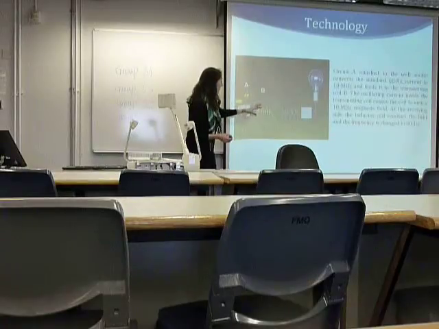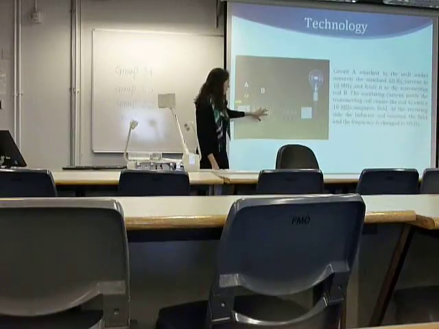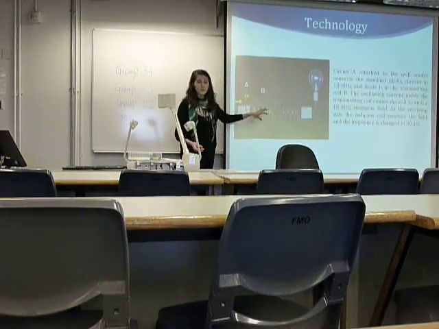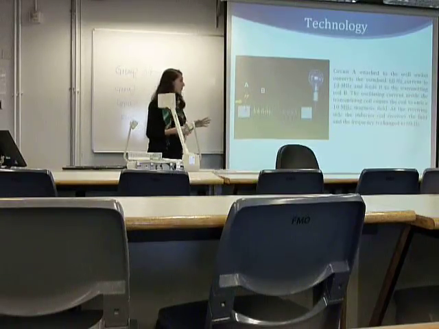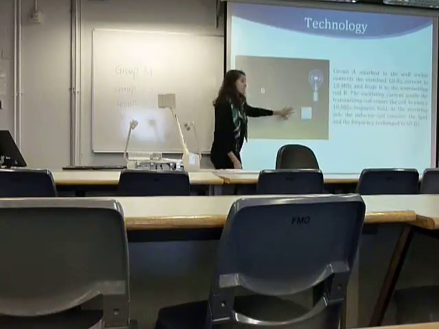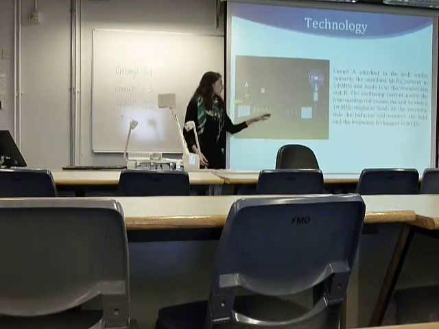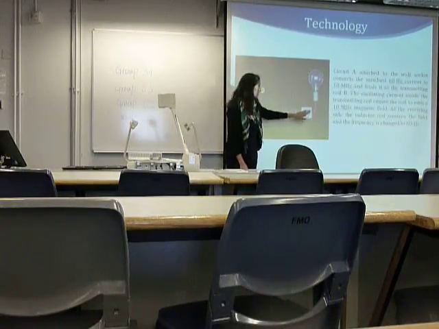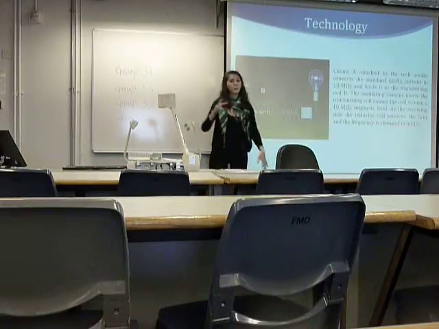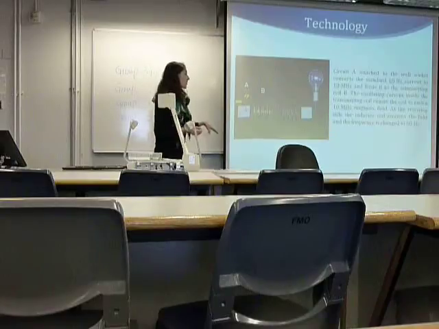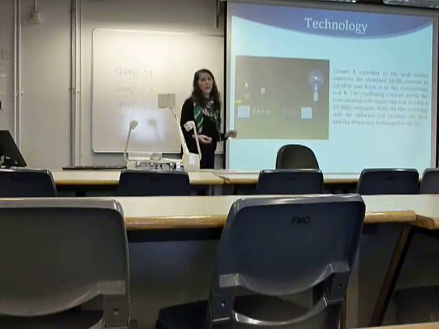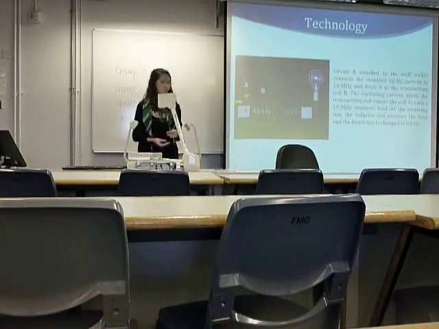Then we feed the transmitting coil with the same frequency, and with this coil we generate a magnetic field that will be detected by the receiving coil. Then it reaches this circuit, which transforms the 10 megahertz back into 60 hertz, and then we feed this bulb or any kind of electronic device.